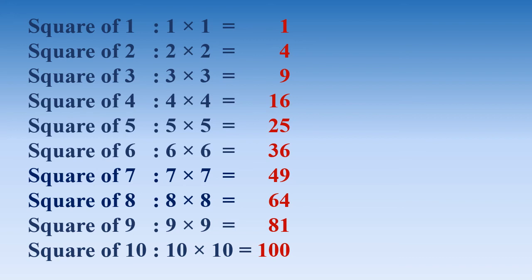Square of 10, 10 multiplied by 10, the answer is 100. So 1, 4, 9, 16, 25, 36, 49, 64, 81, 100 we call square numbers.